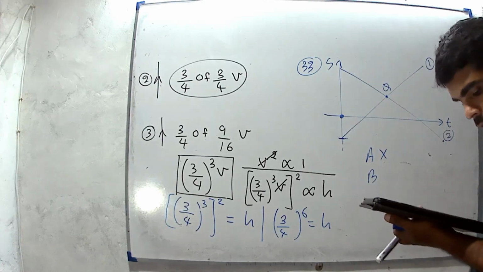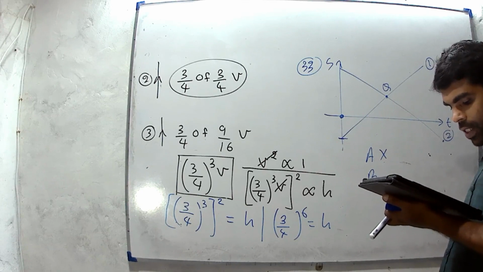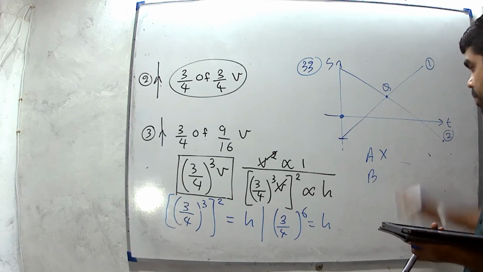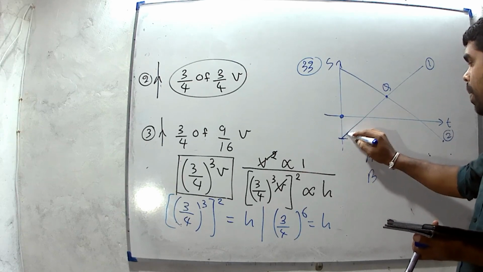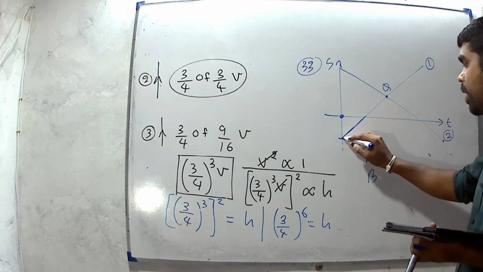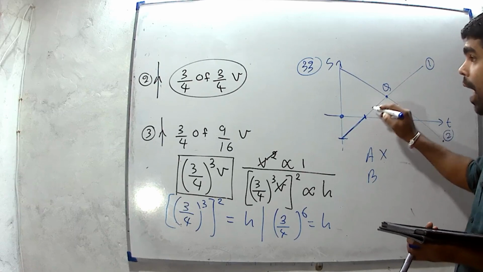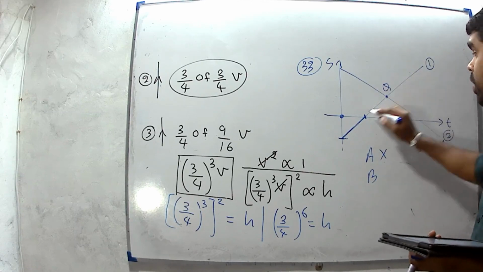Then statement B, relevant to Q: both cars moving towards the lamppost and cross each other. No, both cars are not moving towards the lamppost. The first car moves towards the lamppost for this part, and moves away from the lamppost for this part.